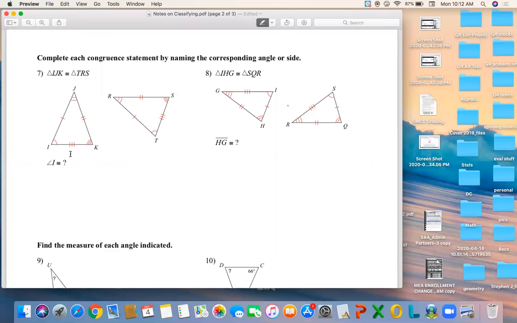We do the same thing in the angles. This little arch here, little curvy mark, means angle I. And if I want to finish this sentence here, angle I, which one is it congruent to? I got to go over to the other triangle and find where there's only one.